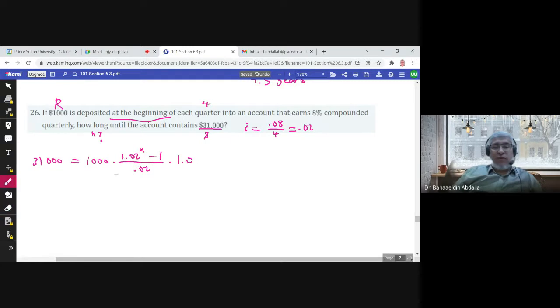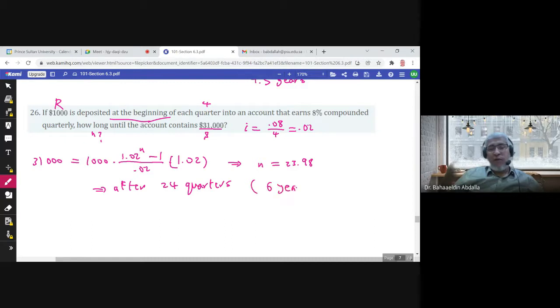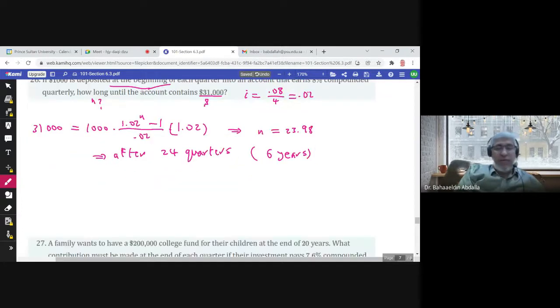And if you do the same process and solve for n, please do it by yourself, you will find that n is 23.98. So after 24 quarters, or if you divide by 4, after 6 years, we will have 31,000 in the account.